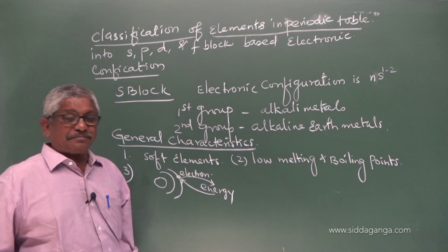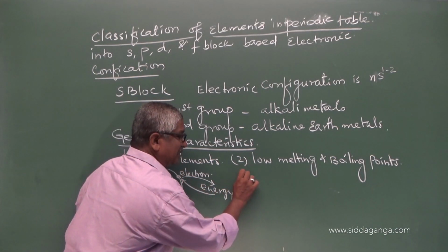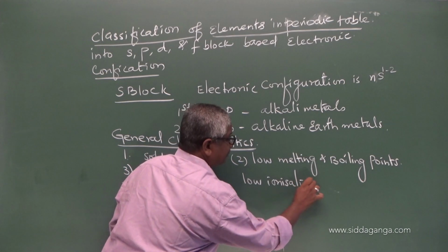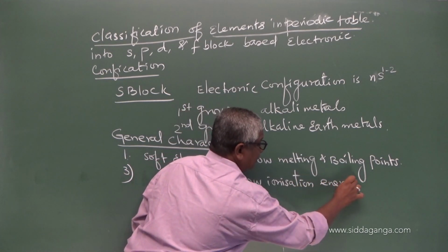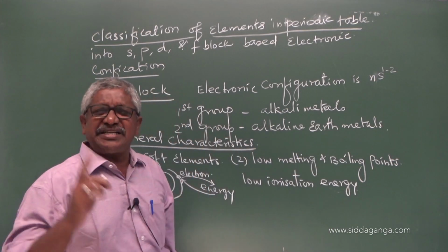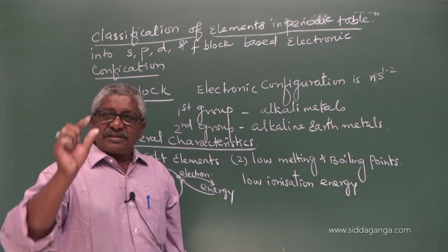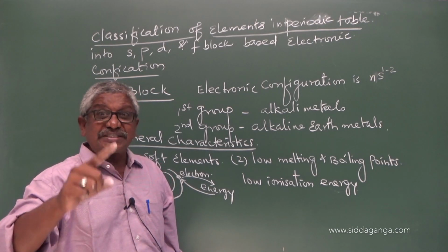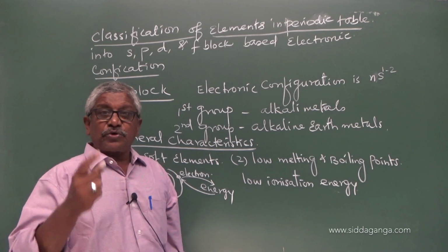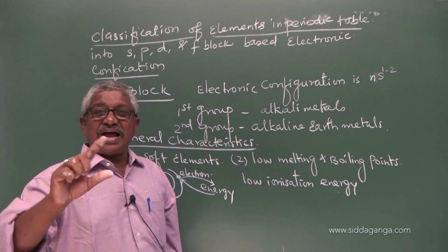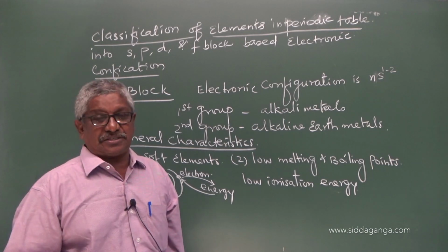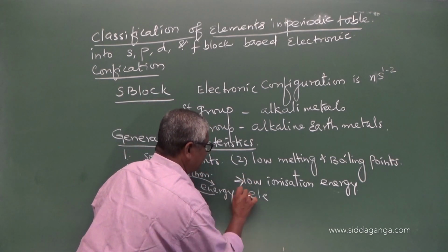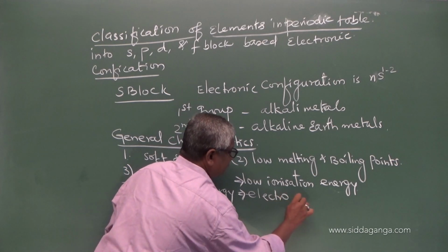So the third point, S block elements have low ionization energy. Any element with low ionization energy easily loses the electron. After losing the electron, the atom gets a positive charge, so these elements are electropositive.